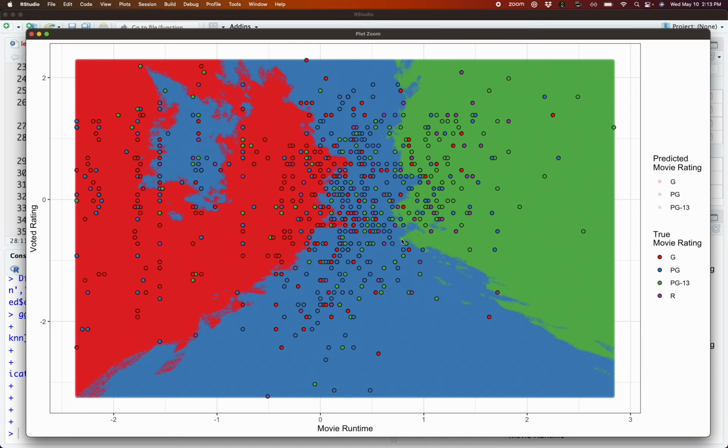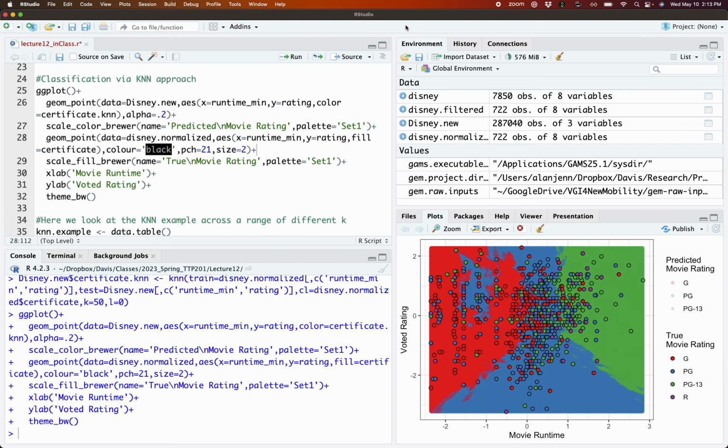Any questions about this? As I mentioned last time, the plot can look very different depending on the number of neighbors that you select to do your prediction on.